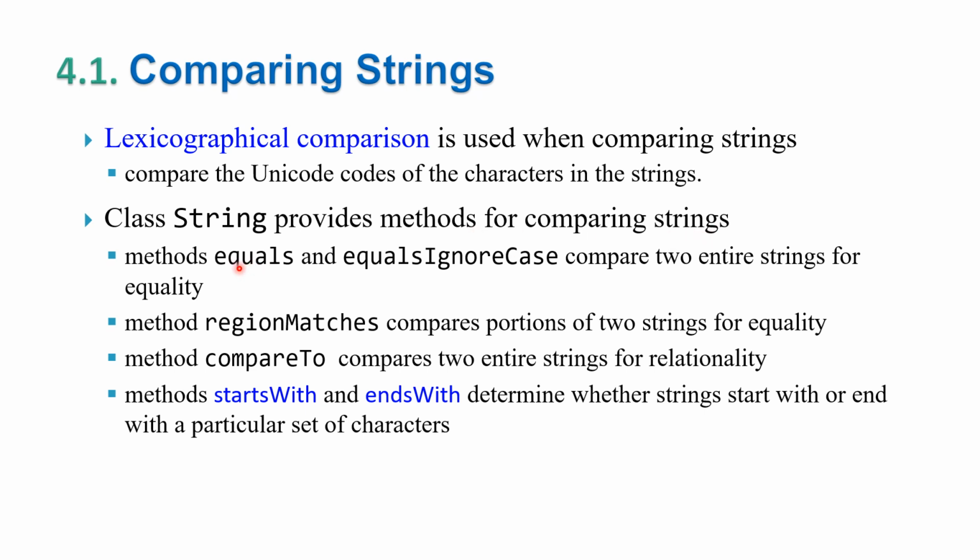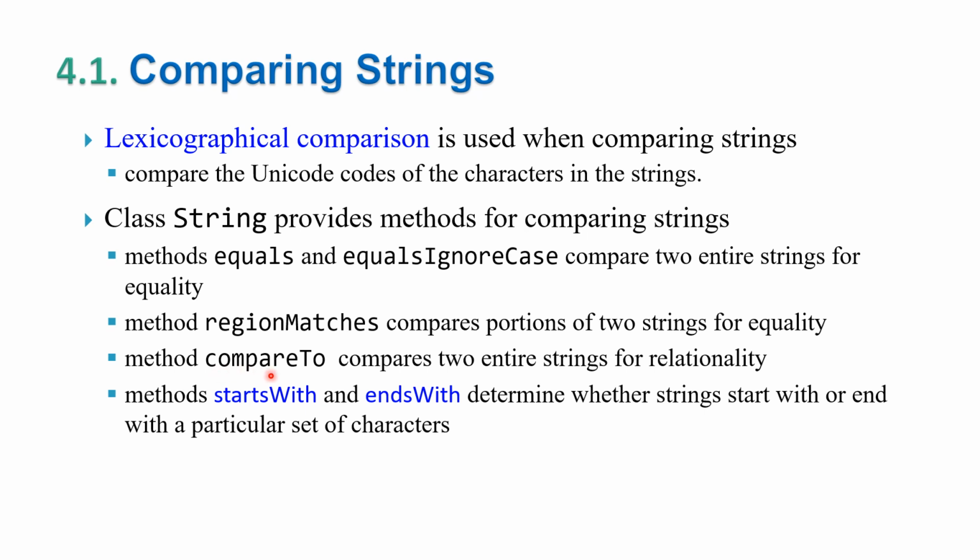So the first two methods are equals and equalsIgnoreCase. These two methods compare two entire strings for equality. The method regionMatches compares portions of two strings also for equality.